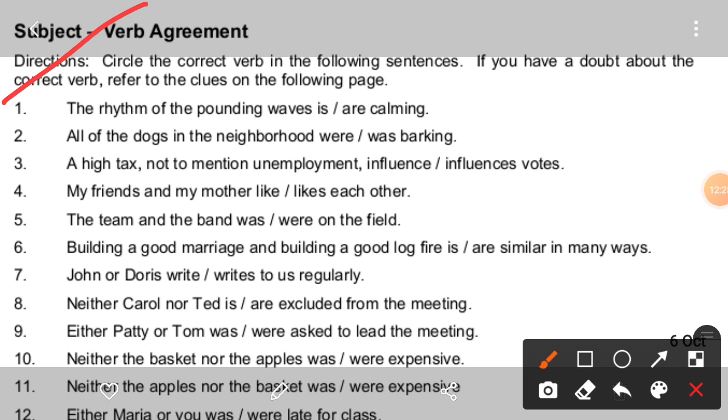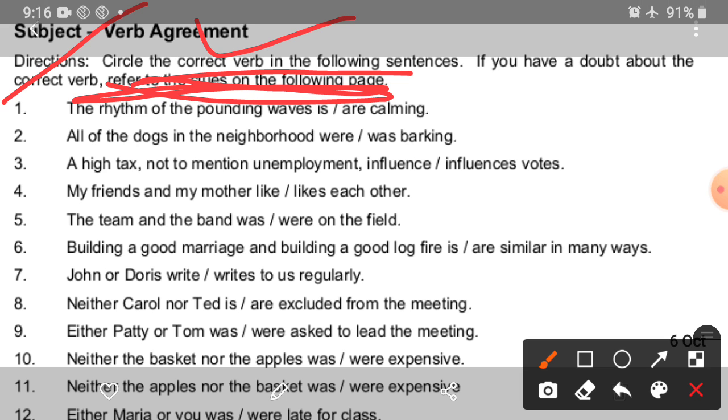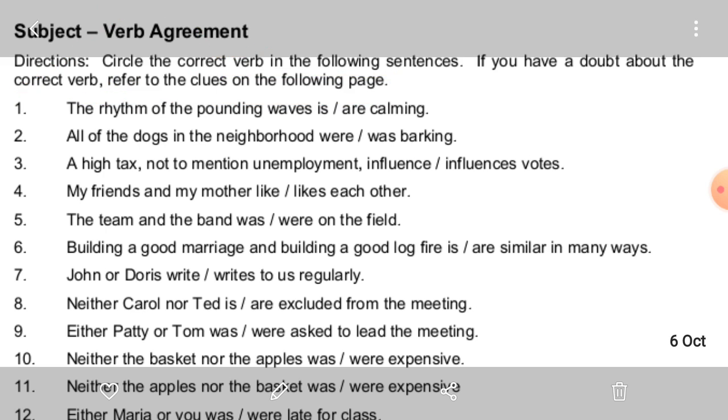If you have a doubt about the correct verb, refer to the clues. Okay, we don't have to refer to the clues. This is not for you. So you need to circle the correct verb. That means two verbs are given in each sentence in the coming exercise, and we need to select the correct verb from the given verbs. Clear?